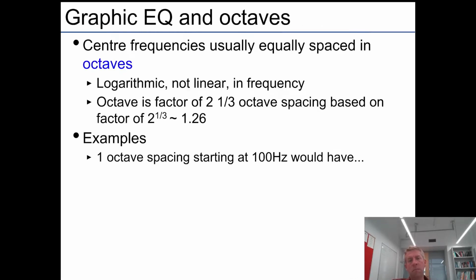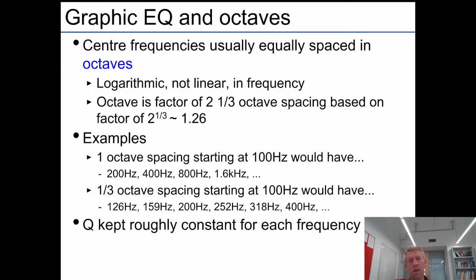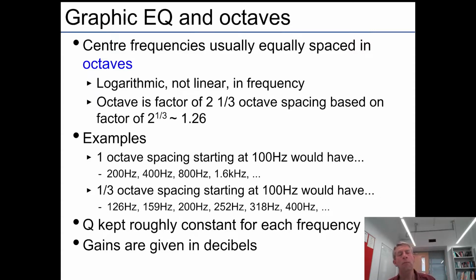Now, I did mention that we'll scale it logarithmically, but how is that typically done? One approach, a very common approach, is that the center frequencies are equally spaced in octaves or some fraction of an octave. So this gives a logarithmic, not linear spacing.